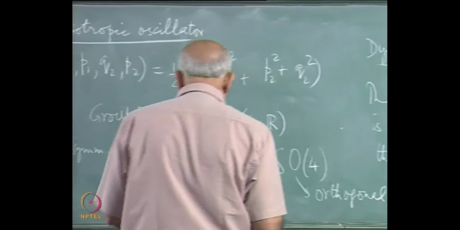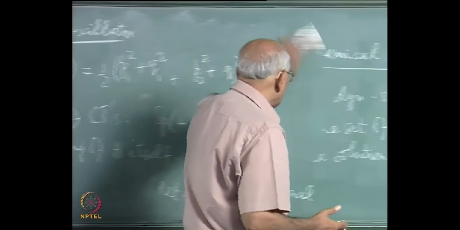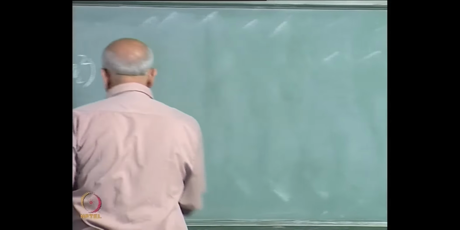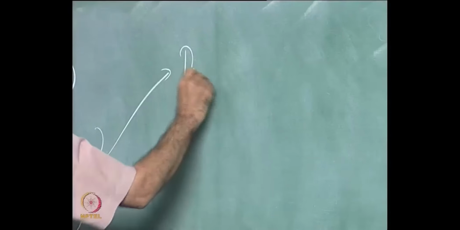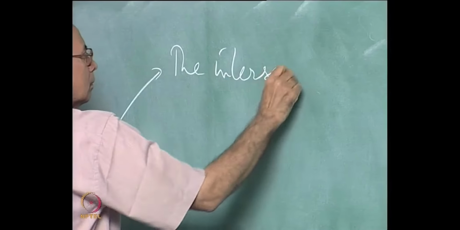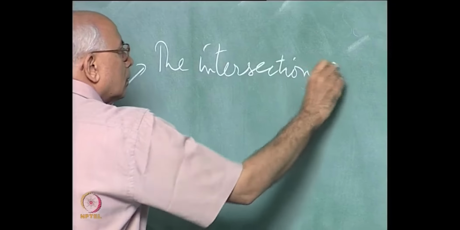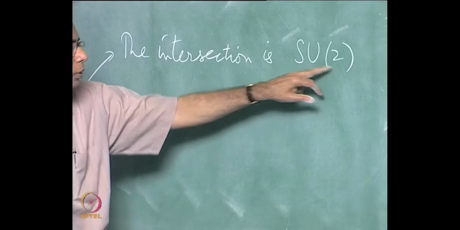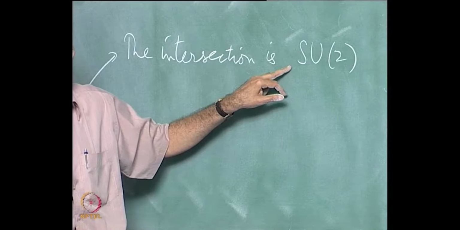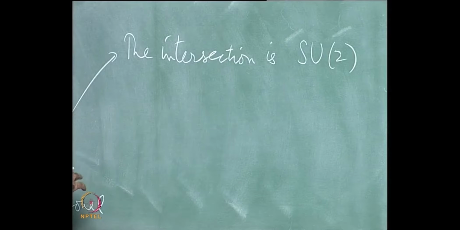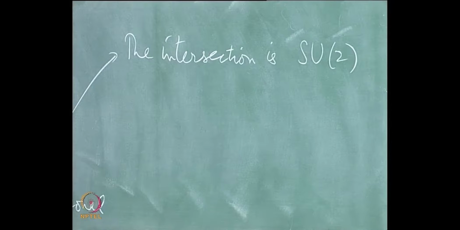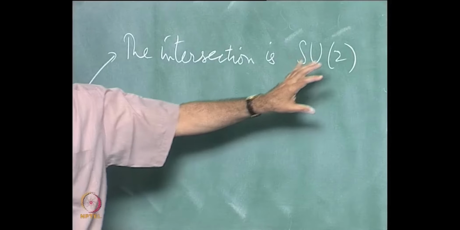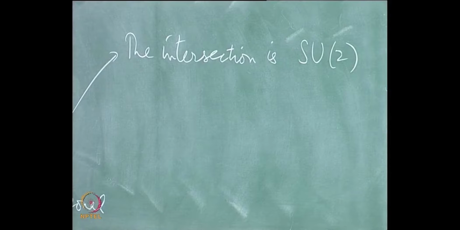So let me not write that down in explicit terms and get into group theory, but let me just write the result down and say the intersection is SU2, which stands for the group of all 2 by 2 unitary matrices with determinant +1. So it is a set of transformations which can be put into one-to-one correspondence with this set of matrices here, and this requires some mathematics to prove, which we will not prove, but I am going to simply assert that this is so.